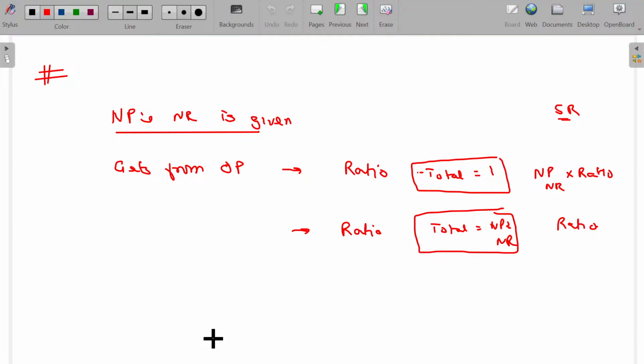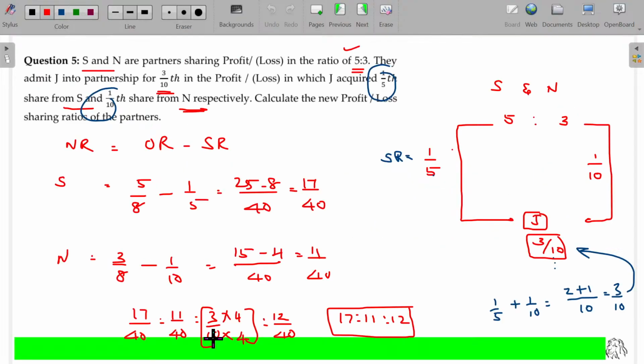If the profit he gets from the old partners, if that ratio total is equal to the new partner's ratio, then that ratio itself is the sacrificing ratio, you can subtract directly. Hope you will be able to understand these two illustrations. Come on, make note of it. Fifth one.